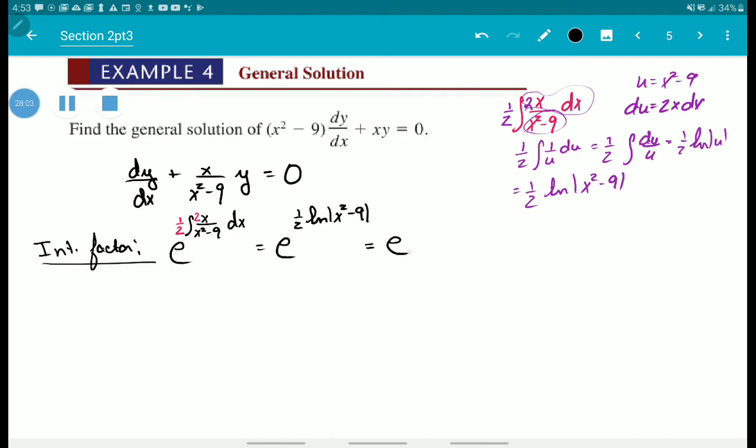We could rewrite that. That 1/2 is really the exponent. So x squared minus 9 to the 1/2 is the same thing as the square root of x squared minus 9. And that's going to reduce to the square root of x squared minus 9. So now we're going to multiply.